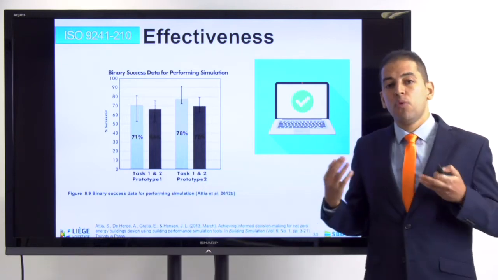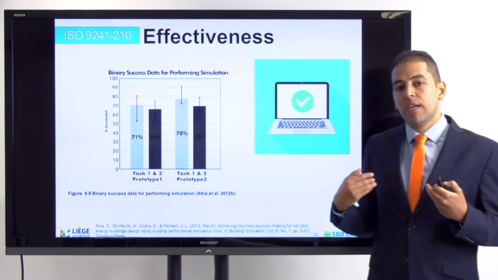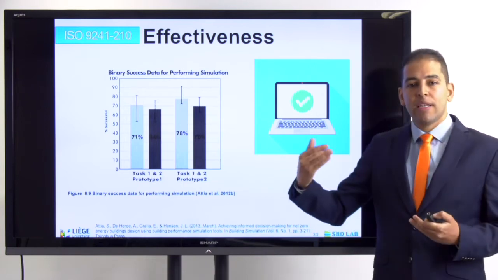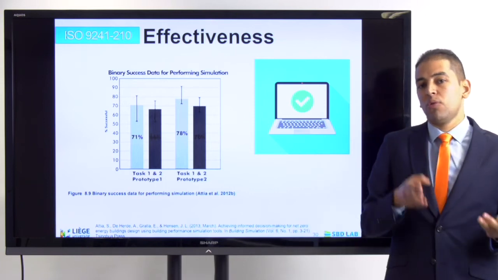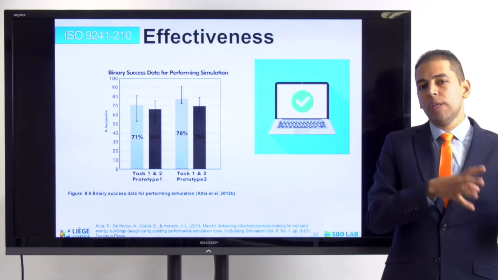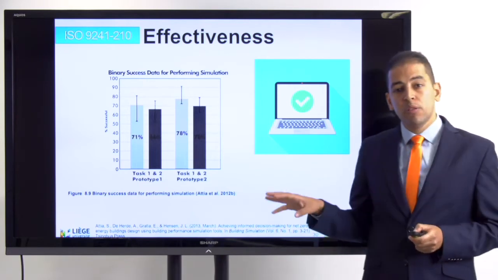This was very informative for me as an interface designer or software designer to go back and say, okay, the first version of the software was better than the second, so I just went back and continued building on my first prototype, and I abandoned prototype 2.